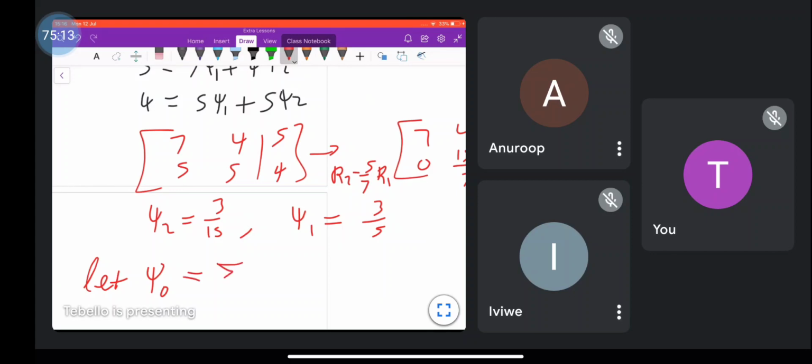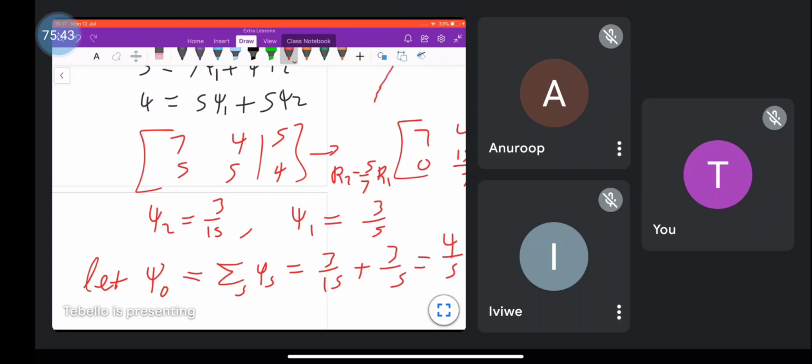You have 3 over 15 plus 3 over 5, and the answer for this is going to be 4 over 5.